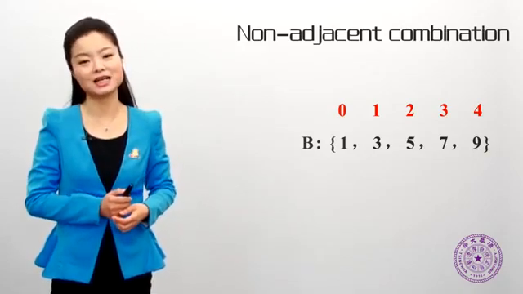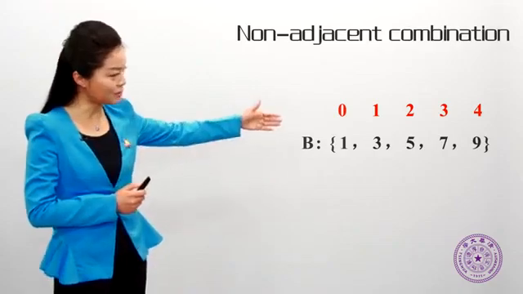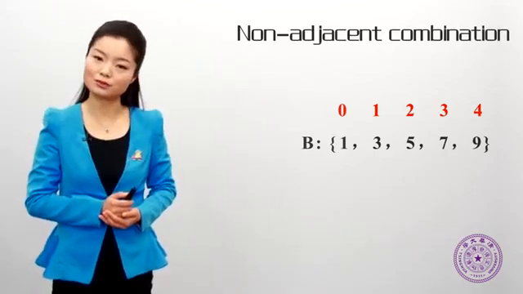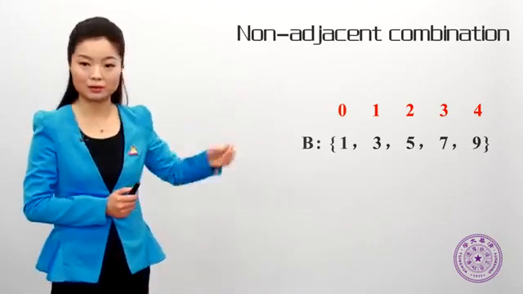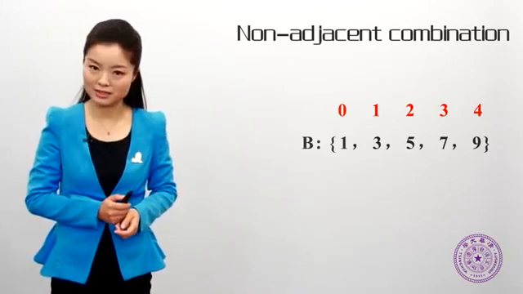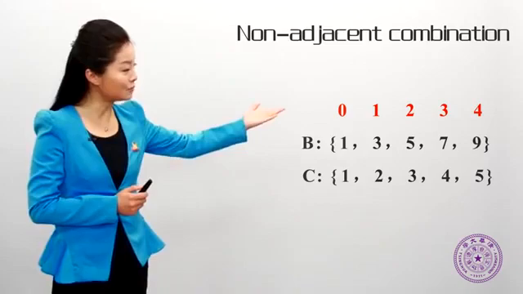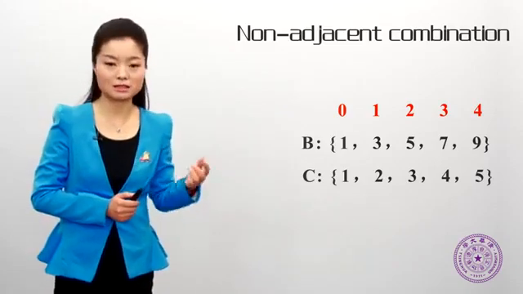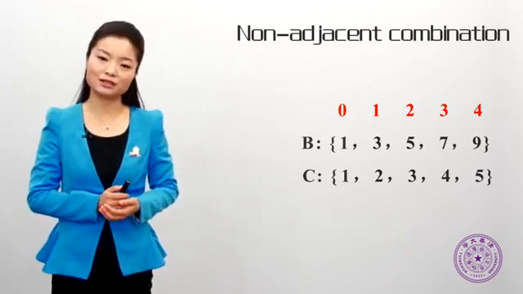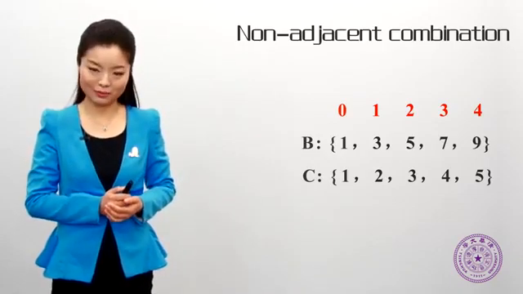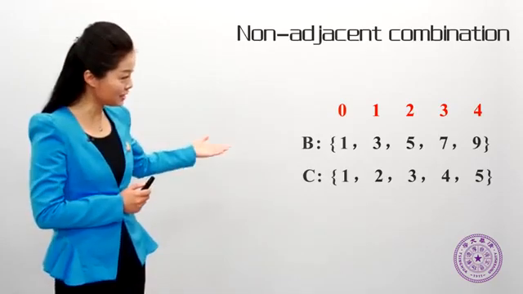Let's try. In non-adjacent combination 1, 3, 5, 7, 9, we subtract the index number from each element, and we get such a new sequence. 1, 3, 5, 7, 9 becomes 1, 2, 3, 4, 5. It seems that we get a new sequence, and we would discover that the new sequence still seems to be a combination.